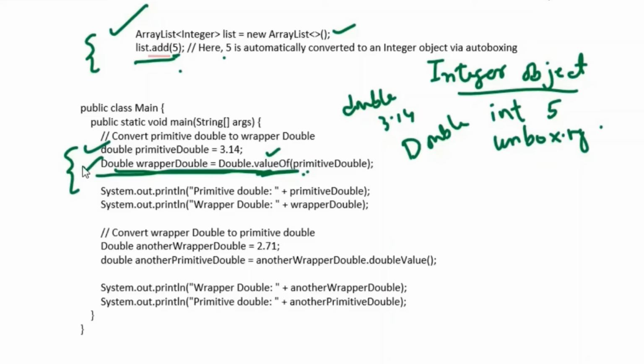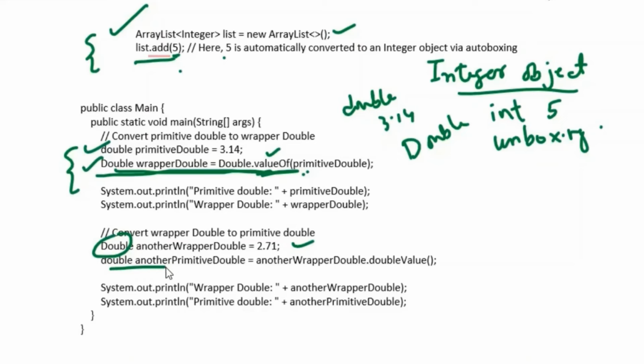Now, if you ask me about this line, the answer is here a wrapper class Double. See carefully. Here a wrapper class Double variable named anotherWrapperDouble is declared and assigned the value 2.71. Now, by this line, what am I doing?